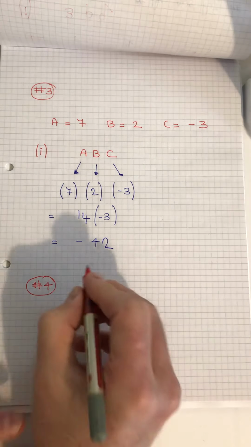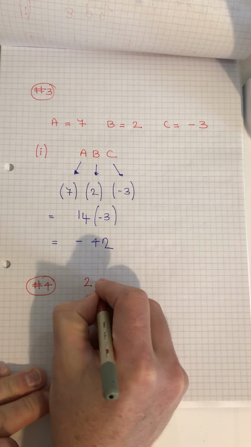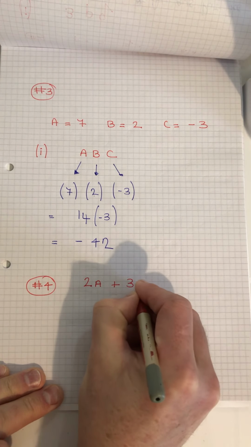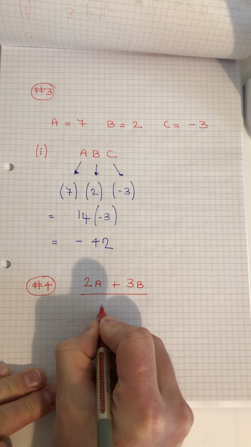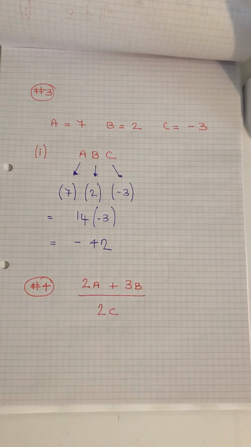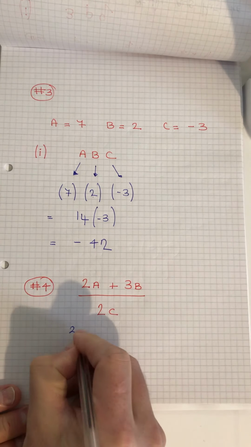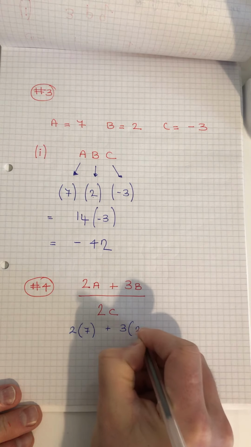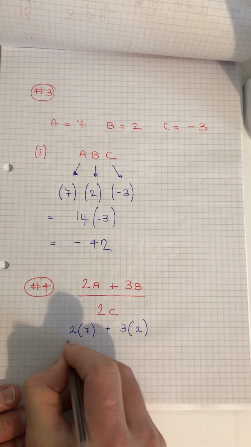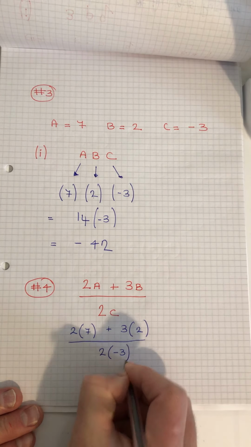Okay? Or finally, number 4. Supposing we have something like 2a plus 3b all over 2c. Well, that means we do 2 times a is 7, 3 times b is 2, over 2 times c is minus 3.